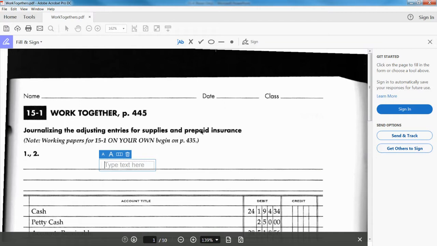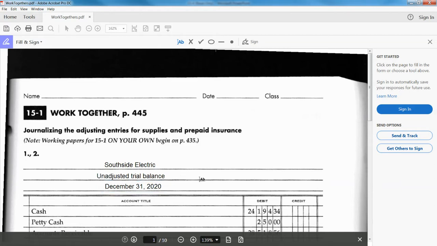So the company's name is Southside Electric. And this is our unadjusted trial balance. And the date is December 31st, and we'll just use 2020.